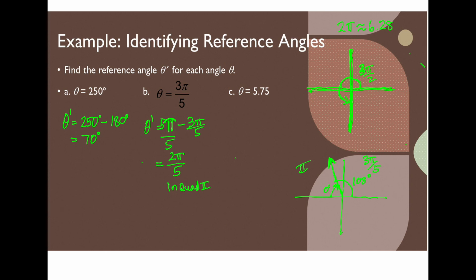So if we go 3 times 3.14 divided by 2, we see this is approximately 4.71. So 5.75 is somewhere in the fourth quadrant because it's less than one complete rotation, but more than only 3/4 of a rotation. So it's going to be somewhere in here.